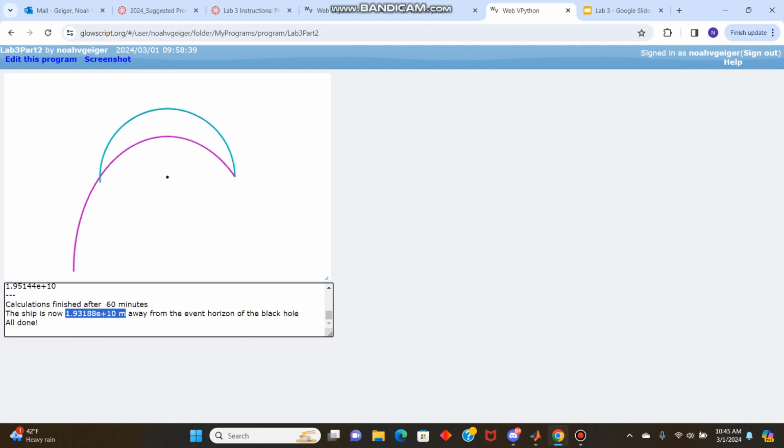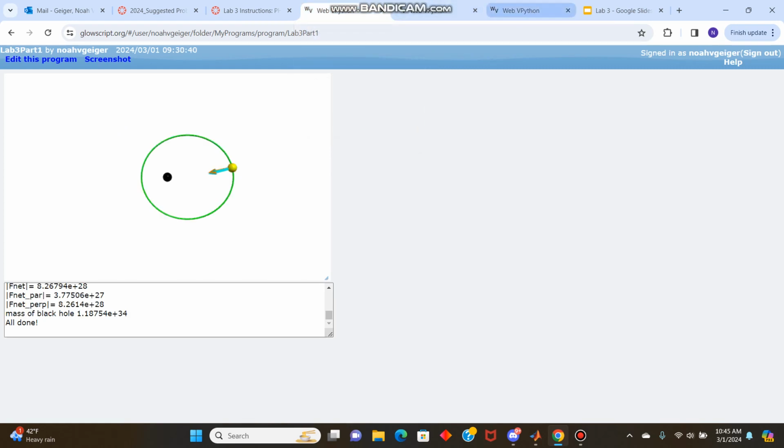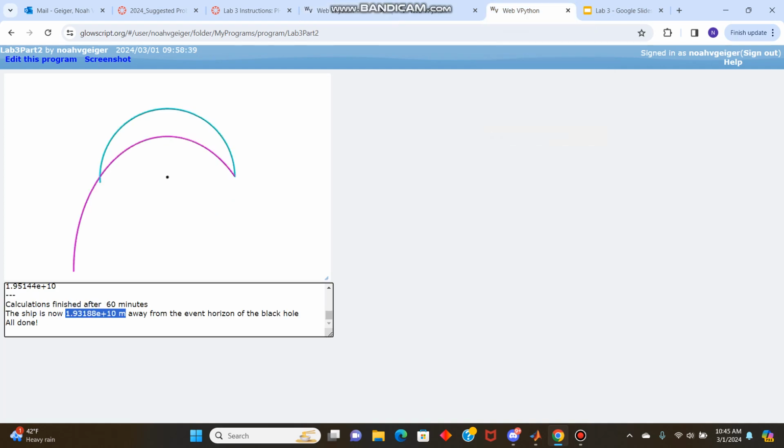So very far away. Things that could make this a little bit more accurate: since this was a computer simulation, it was theoretically accurate, but some things that could help us find better numbers are a little bit bigger time interval, or more points equals more accuracy.